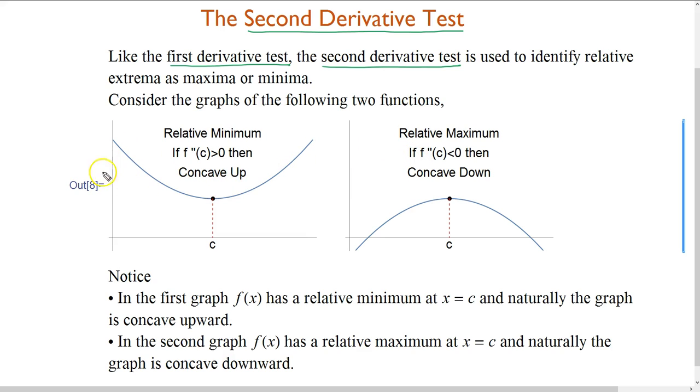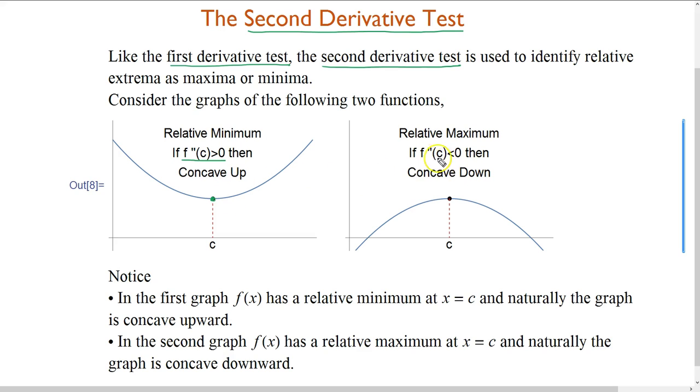Now in the first graph, we're assuming that our second derivative at c is greater than 0, which means that our graph is concave upward near c, f of c. Well, if that's the case, then obviously we're going to have a relative minimum at c, f of c.